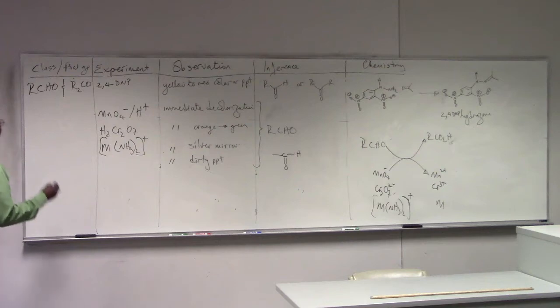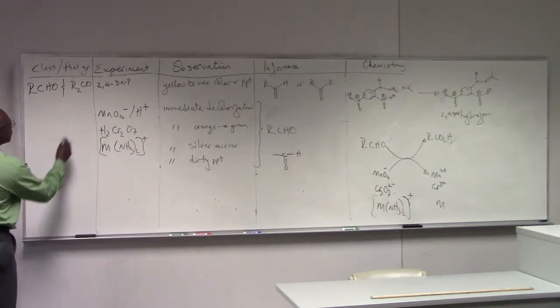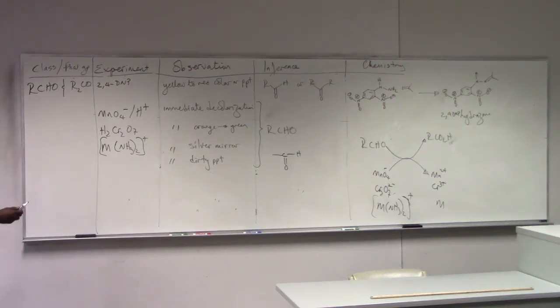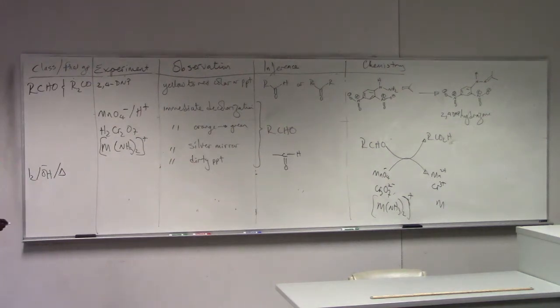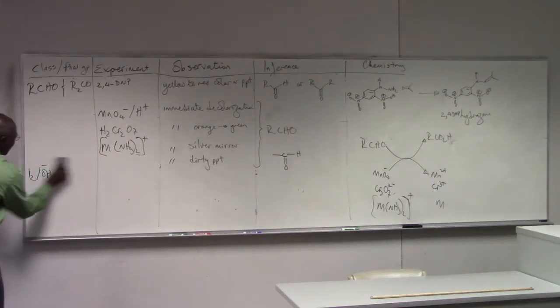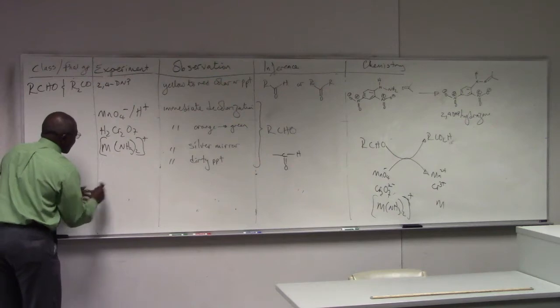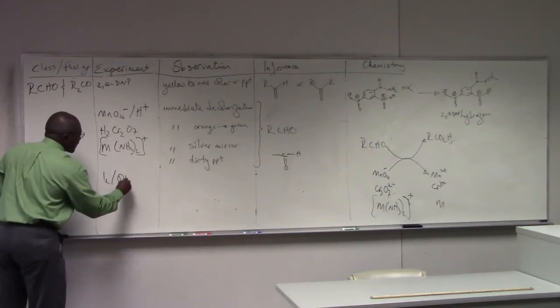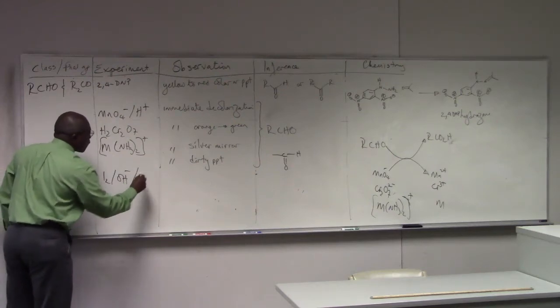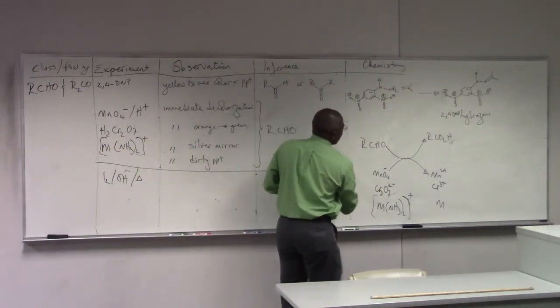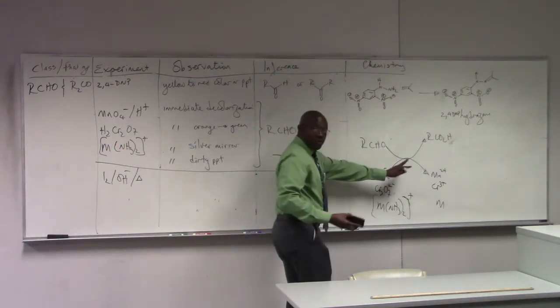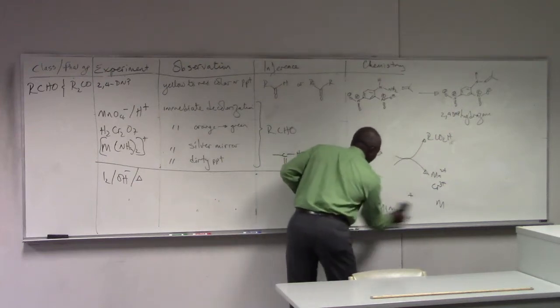I can also do another test for a different substructure, which is to add iodine in aqueous hydroxide and warm. I should be writing this here. So if I treat this with iodine in aqueous hydroxide and warm it, I'm going to erase this part because you guys can rewind.